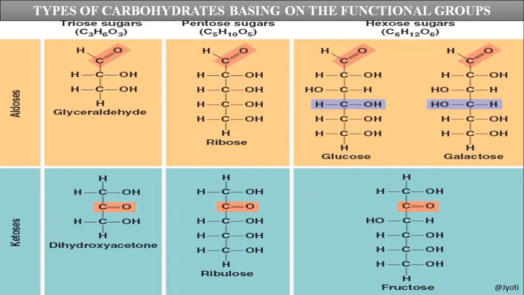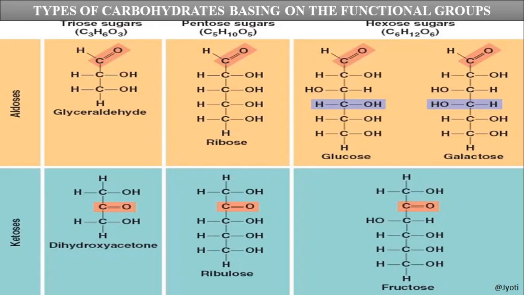Now, in the definition I have told you that carbohydrates are the aldehyde or ketone derivatives of polyhydric alcohol. So from here I will explain exactly what the definition means.